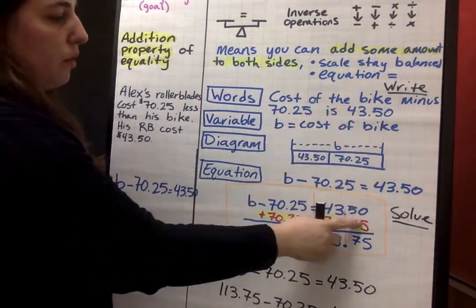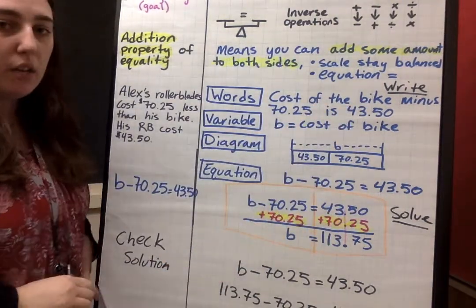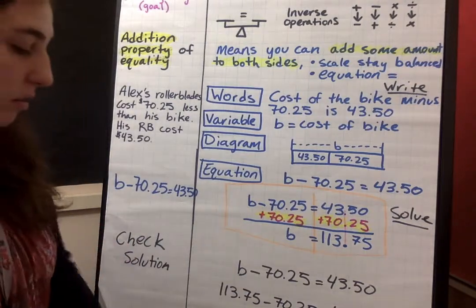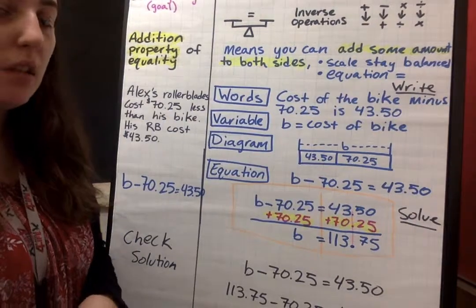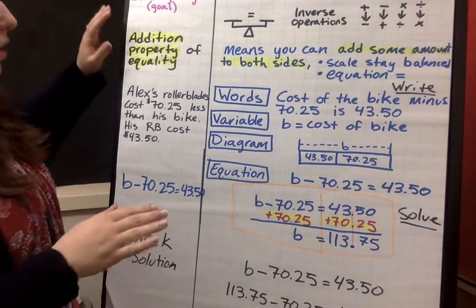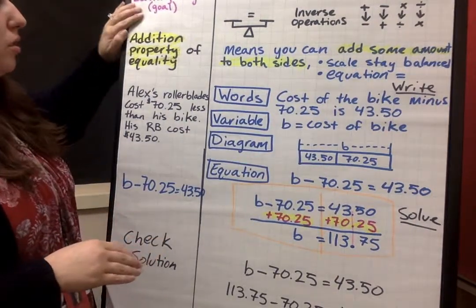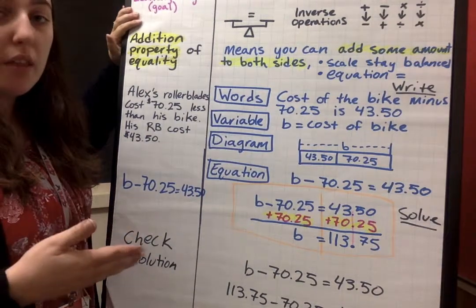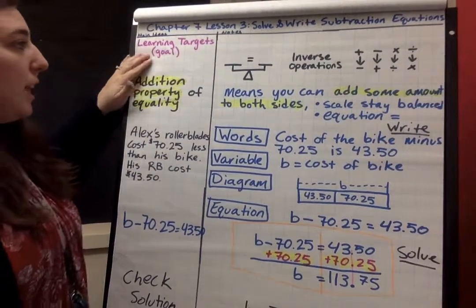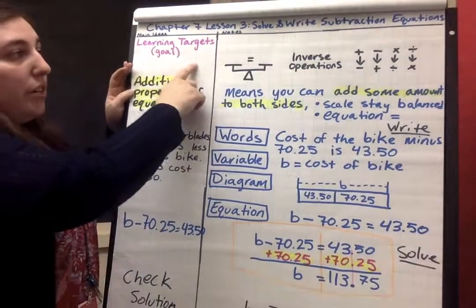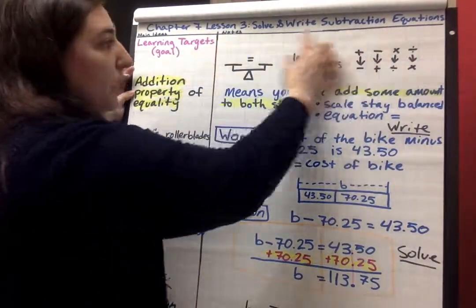So we wrote, we solved, and we checked our answer, and we accomplished what we needed to in our learning targets. So you originally wrote your learning targets, what you thought the learning targets were at the very beginning. Remember that?